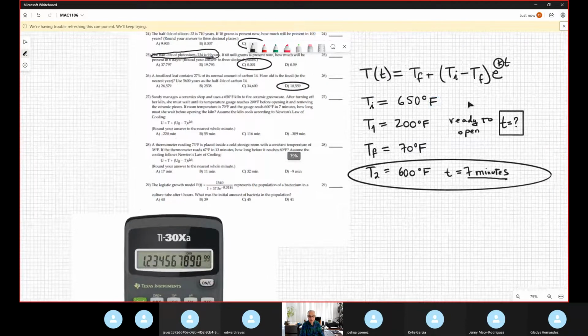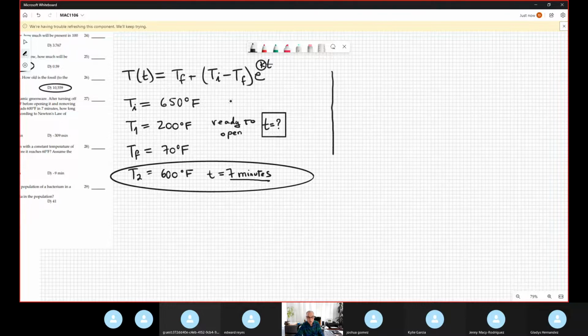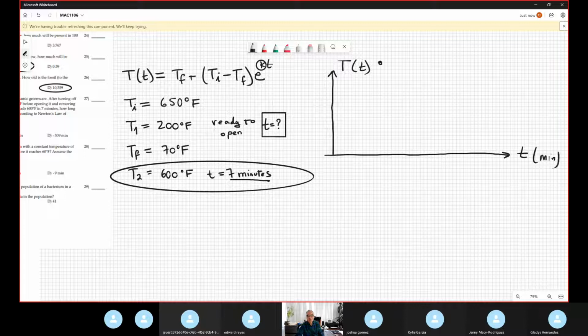Let me try to understand much better. I propose you do one sketch. At least for me, it's fantastic. Physically, we see the temperature at any time, the time in minutes, and the Fahrenheit degrees. At the beginning, t equals 0, we have 650.